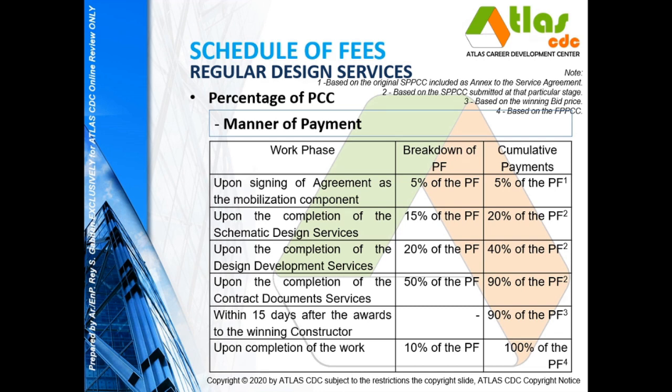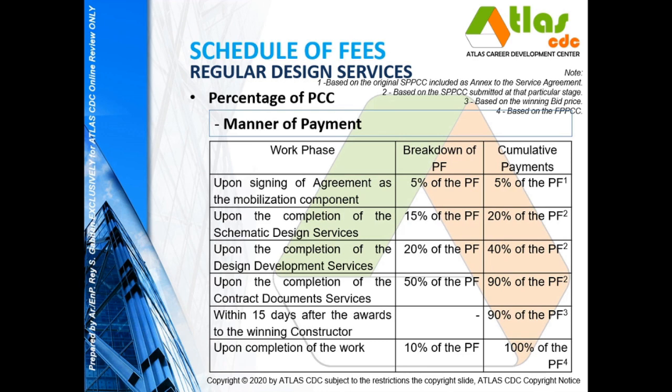And within 15 days after the award to the winning constructor, you have to adjust your payment up to 90% of your professional fee based on the winning bid price. And then upon completing the work, you now compute your professional fee based on the final project construction cost, 100%, and just deduct all previous payments.